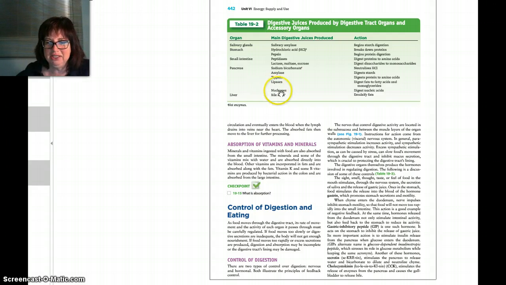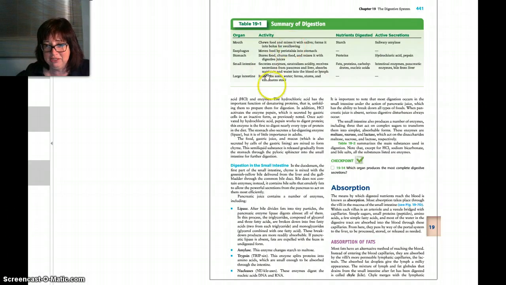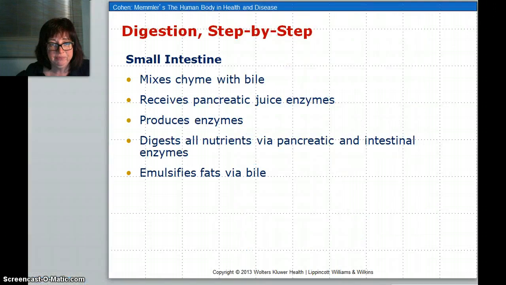You also have nucleases and bile coming out of the liver. The bile emulsifies fat. It just makes the fat smaller. Notice these enzymes are important. Very good summary table here and very good summary table there that helps you go through all the functions of digestion. Good.